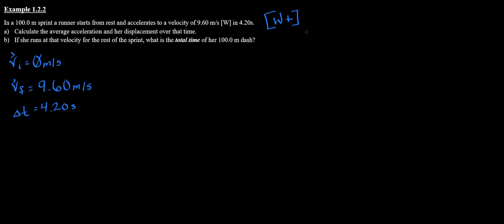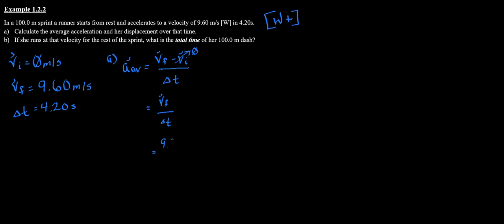Okay, so for A, we're looking at solving for her average acceleration to start. The average acceleration, remember, is just that change in velocity, so V final minus V initial, all over that change in time. Because we know the initial velocity is 0 meters per second, the average acceleration is simply going to be that final velocity divided by that change in time.